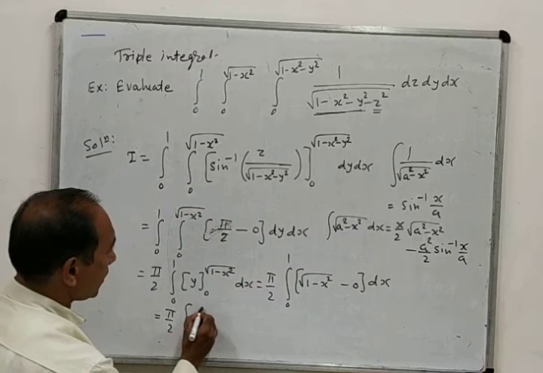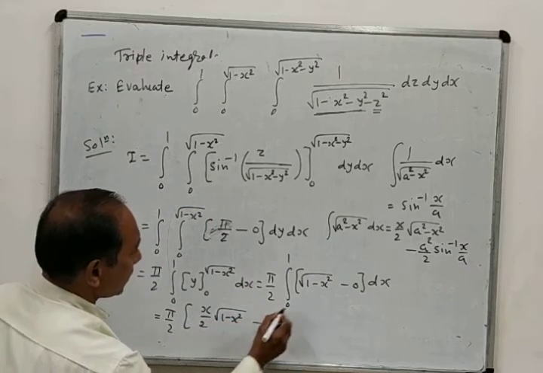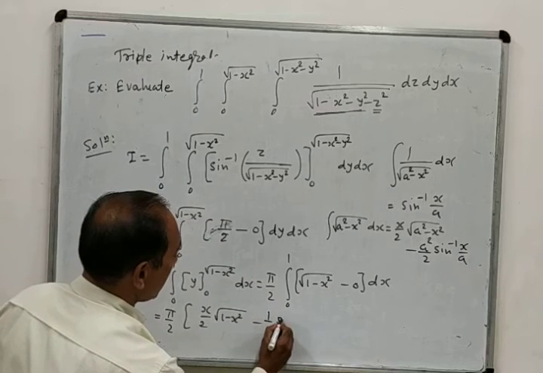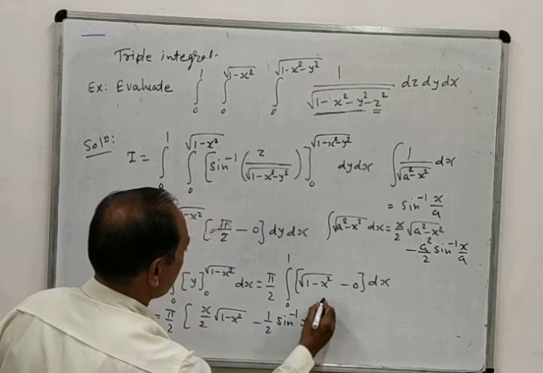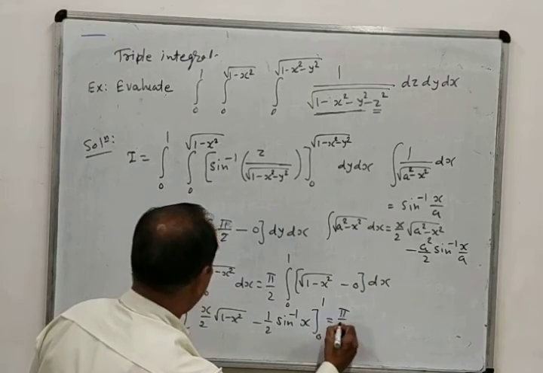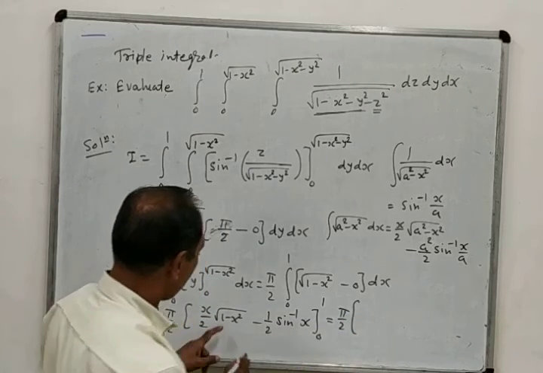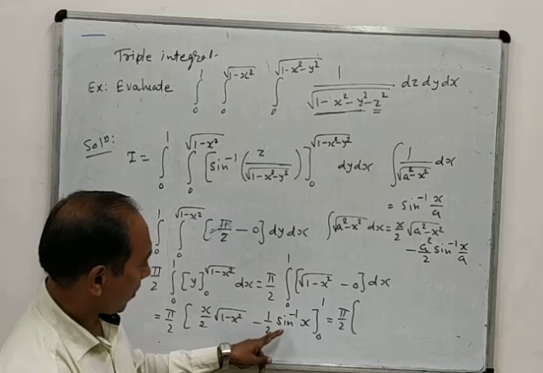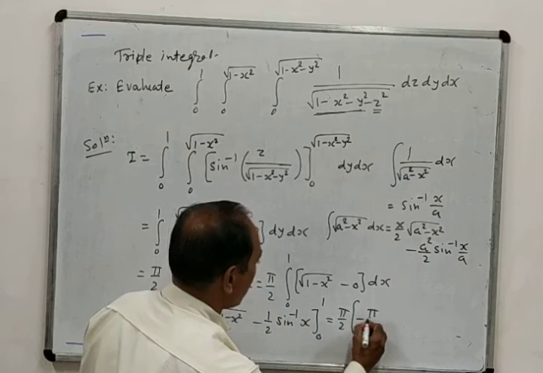The integration is x by 2 root 1 minus x square, minus a square by 2 which is 1 by 2, into sin inverse x upon a, that means x only because a is 1. So 0 to 1. Now we put the values with pi by 2, x equal to 1. So 1 by 2 into 1 minus 1 is 0, no problem. Sin inverse 1 is pi by 2, so it is minus pi by 4.